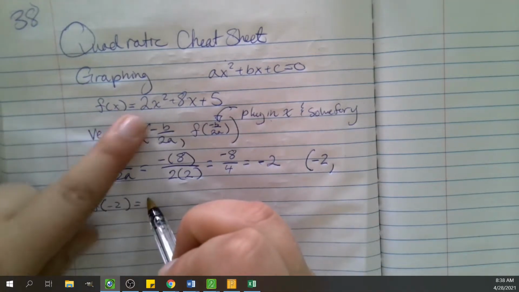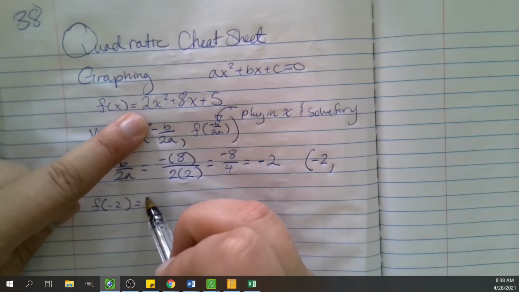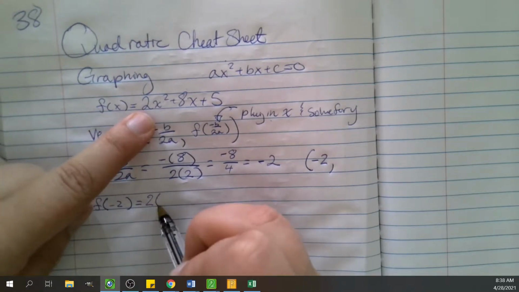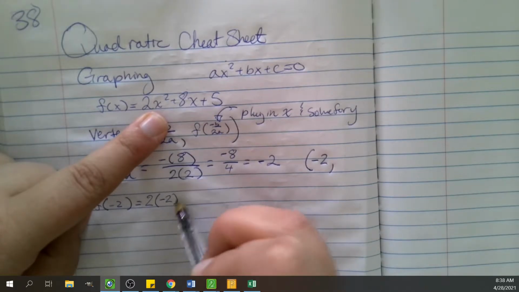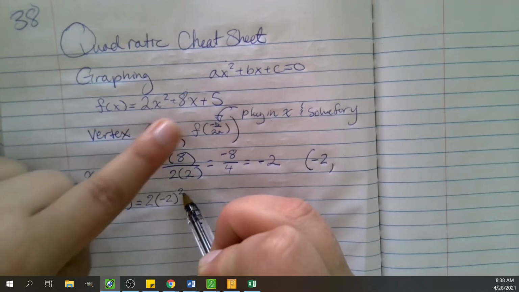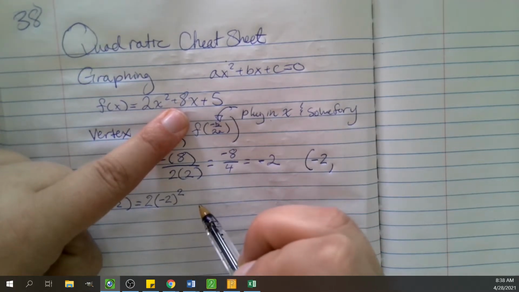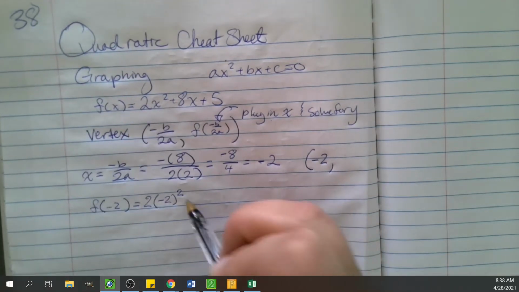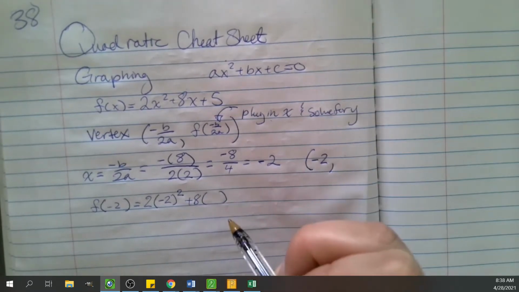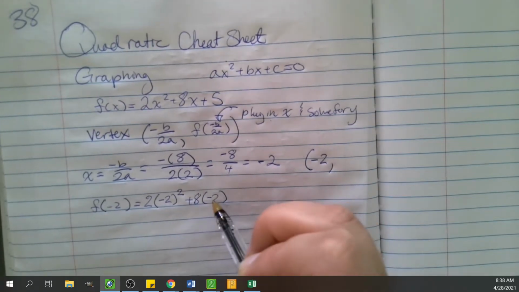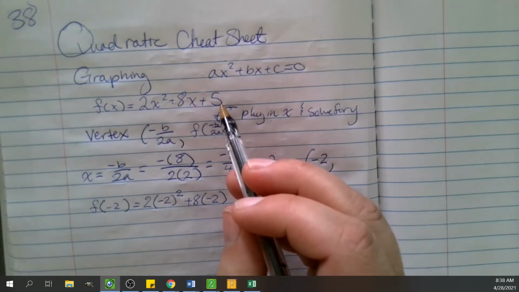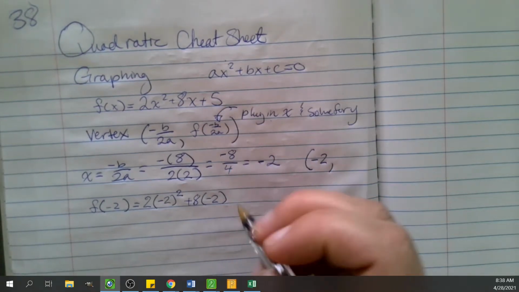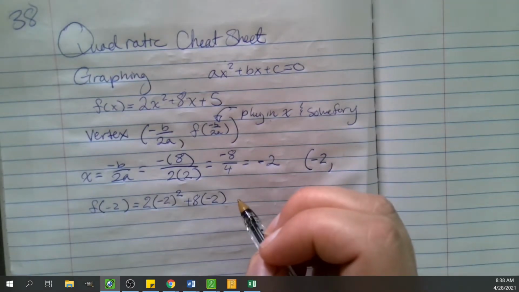So what are we going to write down? 2, and then instead of x, what are we going to use? Don't forget the squared. And then what are we going to write down? Instead of x, what are we going to use? Good. I need you to tell me the last thing.